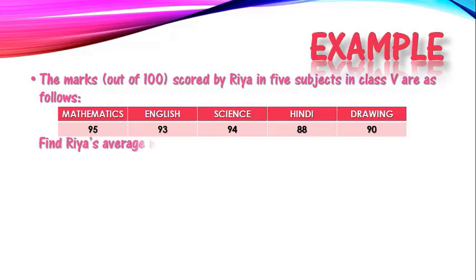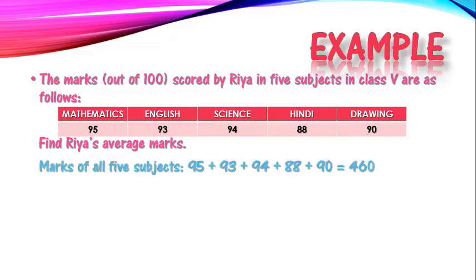Find Ria's average marks. To get the answer, let us first find the sum of marks of all the 5 subjects. 95 plus 93 plus 94 plus 88 plus 90 gives us 460. The sum of all these numbers is equal to 460.